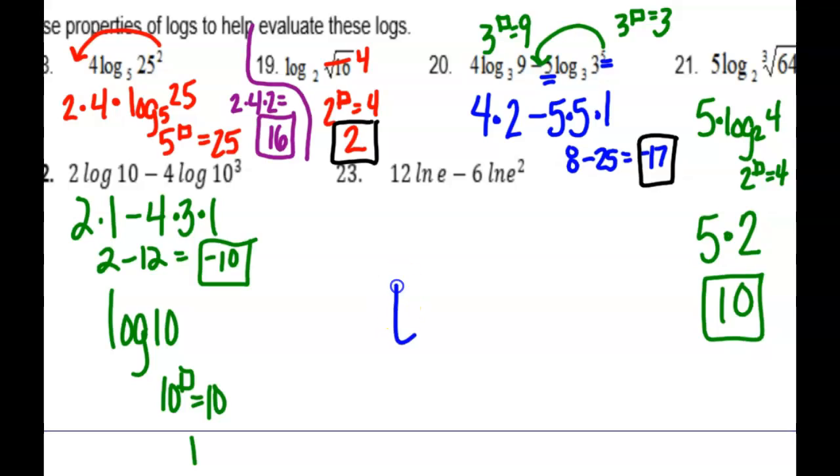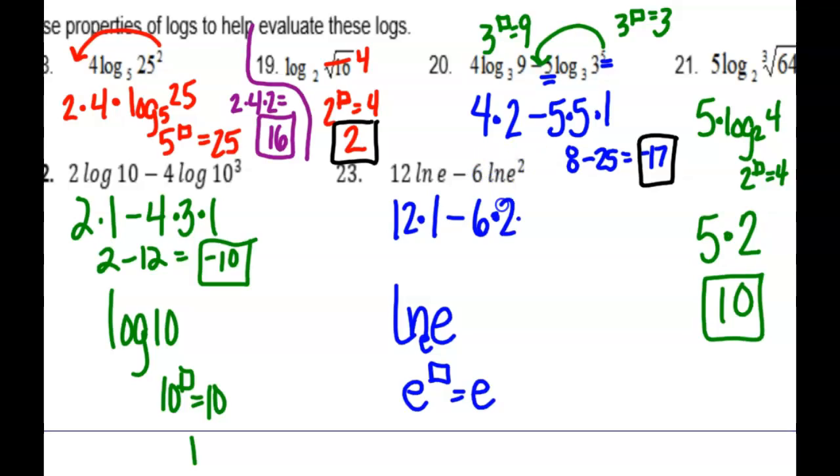And what does ln of e mean? It means e to some power equals e, because remember, ln is base e, so e to what power is e? That would be 1. So this would be 12 times 1 minus 6 times, you move that 2 out front, times 1. Is that 0, guys? Because it's 12 minus 12. Okay.